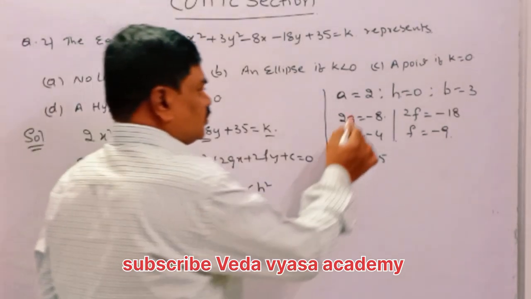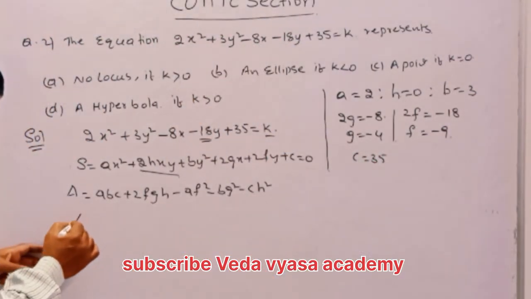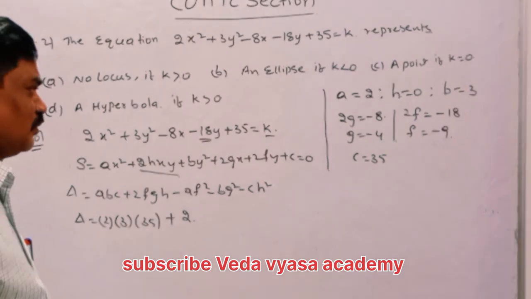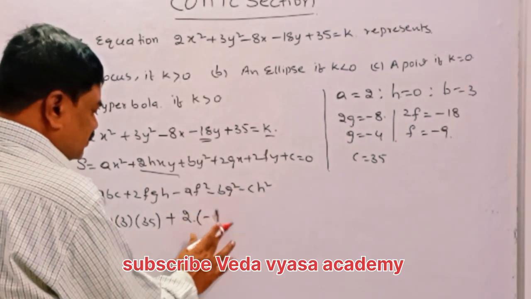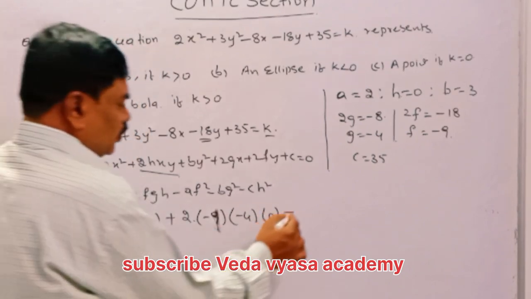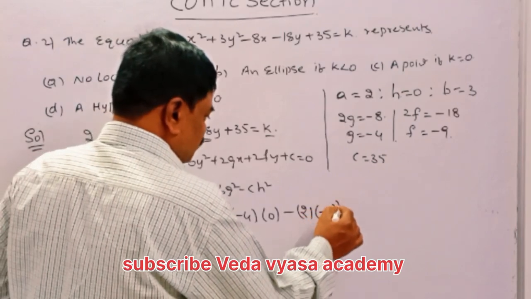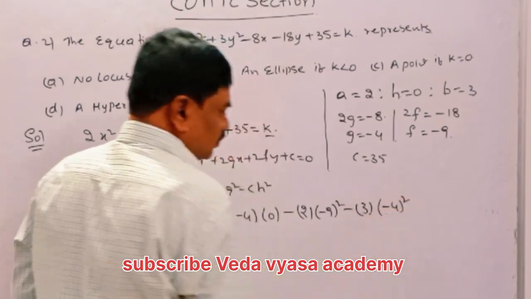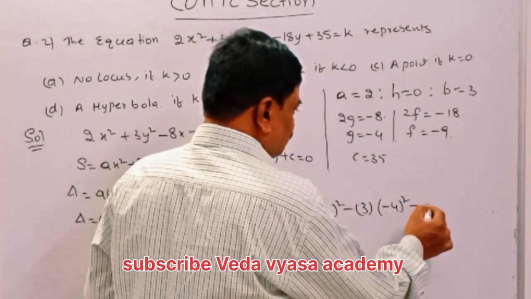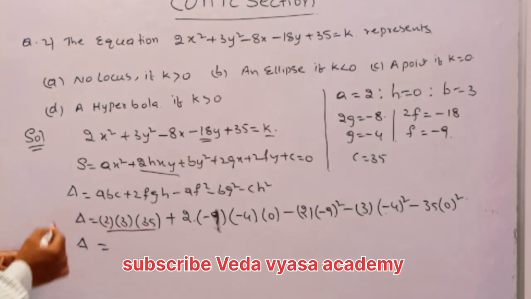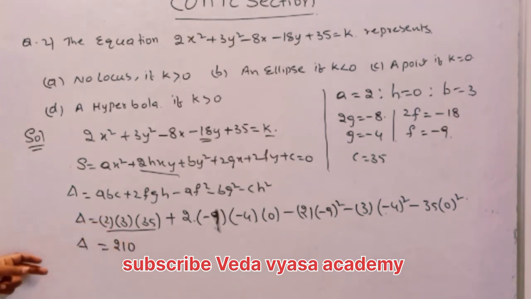What is abc? 2 × 3 × 35. So delta = 2 × 3 × 35 + 2 × (−9) × (−4) × 0 − 2 × (−9)² − 3 × (−4)² − 35 × 0². Then 3 × 35 is 105, into 2 is 210. This value is 210.